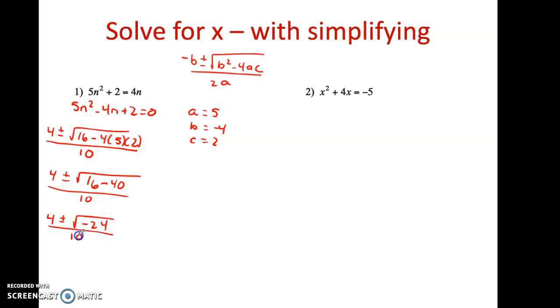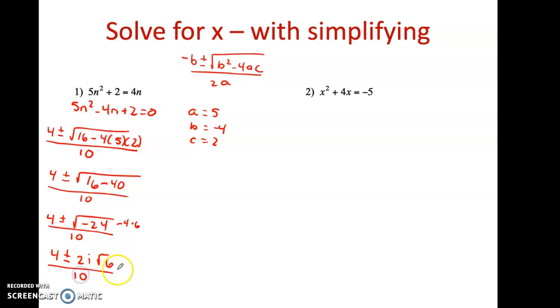Now again, two things we can do with this discriminant. First of all, it's negative, so we know it's two complex answers, but we also know we could pull out an i and simplify 24 as 4 times 6. So we're going to rewrite it as 4 plus or minus 2i root 6 over 10.